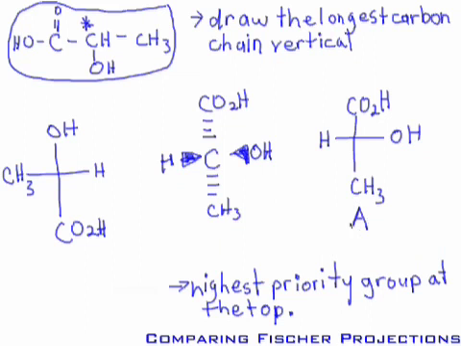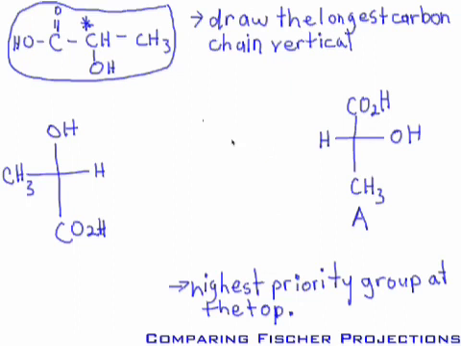Is it the same as structure A, the same molecule, just looking at it from a different angle? Or is it the mirror image enantiomer? And it would be really nice if there was a simple way to check if this molecule I've just drawn is the same or the enantiomer. And there is a fairly simple way.